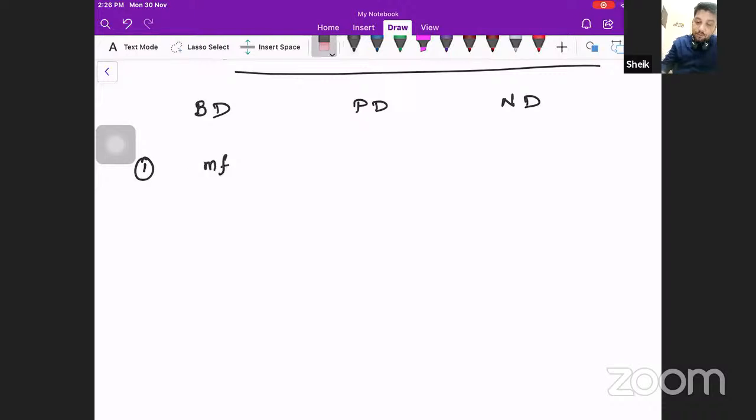Binomial distribution is discrete, and Poisson distribution is also discrete, and normal distribution is not discrete, it is continuous.